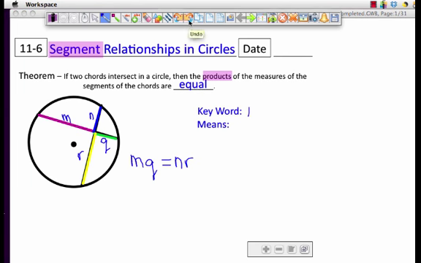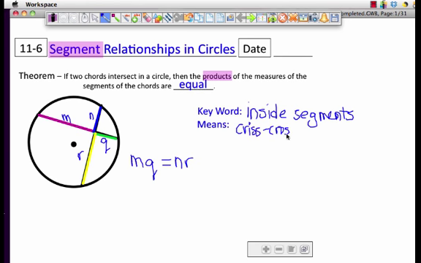Segments that intersect inside. I have to distinguish that between the angles from last week. Inside segments. It means that you crisscross when you multiply. Crisscross, multiply.